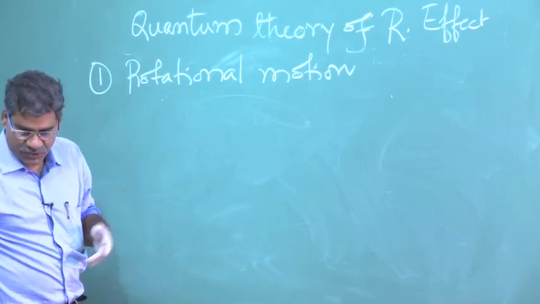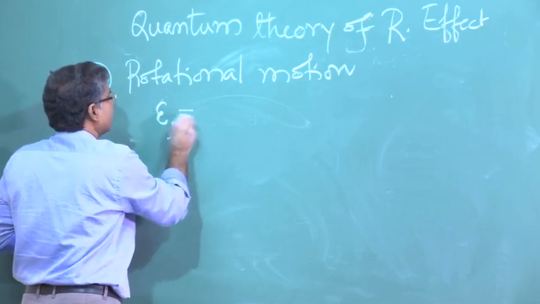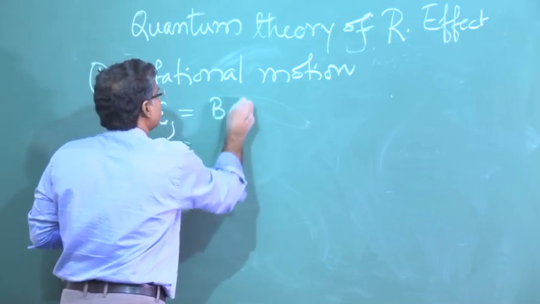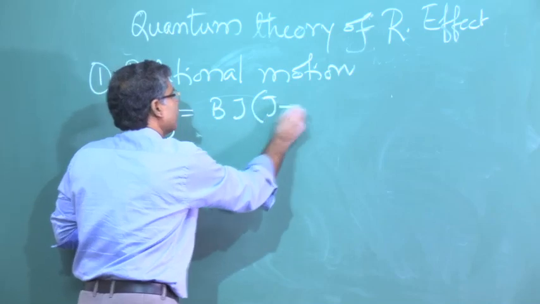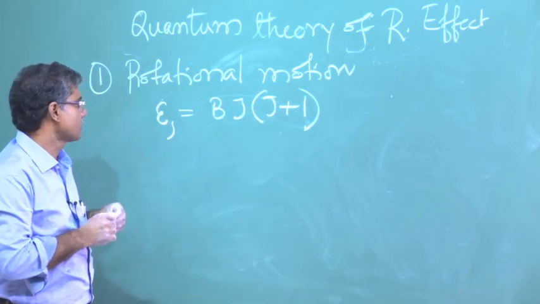In case of rotation we know epsilon J equals B J into J plus 1.